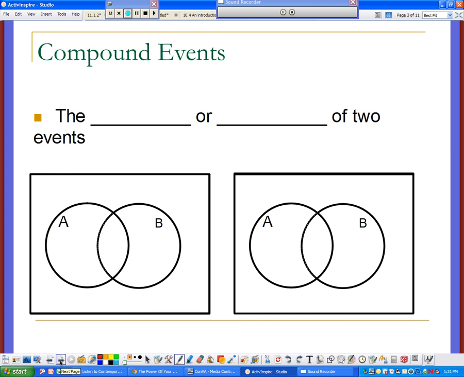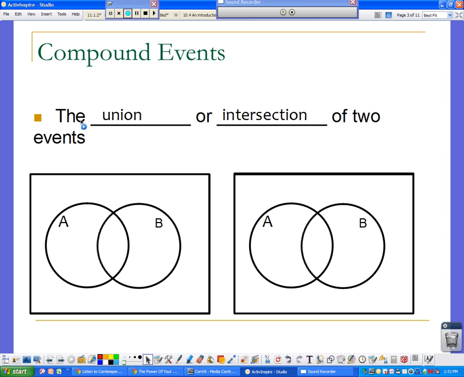Okay? All right. So when we're talking about compound events, basically a compound event is either the union or the intersection of 2 events. Okay, so in other words, in the last lesson we kind of talked about this a little bit. So first of all, the union would include everything.